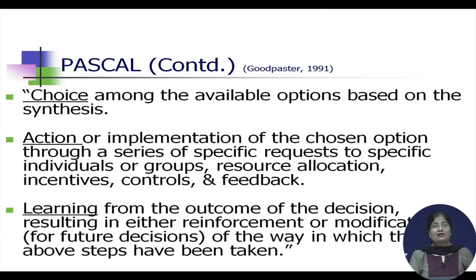Action is the implementation of the chosen option through a series of specific requests to specific individuals or groups, resource allocation, incentives, control and feedback, various things. You are not going to jump the red light. So, the action you take is you stop and then you inform the people who are waiting at the railway station. These days everybody has a cell phone, so I am using that example. So, you pick up the phone and you call whoever you are going to pick up at the railway station and you say, I will be late because I was caught in a traffic light.